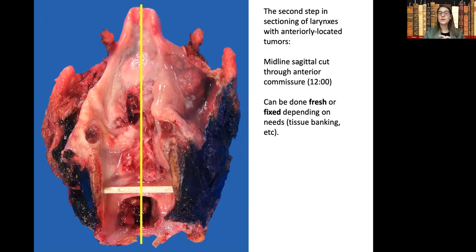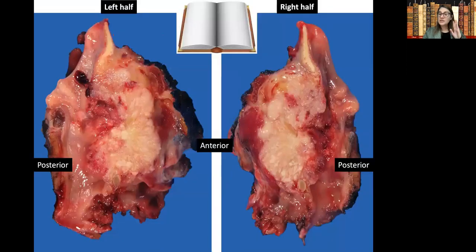This, as I said before, can be done fresh or fixed depending on various needs, like exposing tumor for tissue banking, etc. So here is a fresh cut through the larynx. We sort of bookended it and separated the book into left and right halves. You can see the anterior half of both sections is in the middle. The posterior or mucosal aspect is on either side. And you can see these are mirror images, yes?